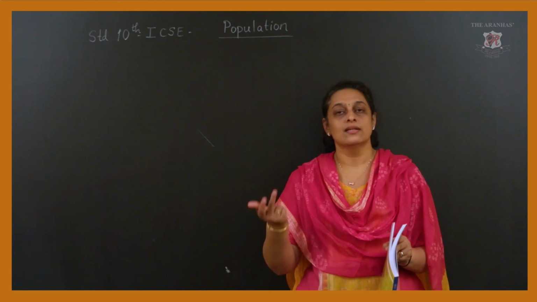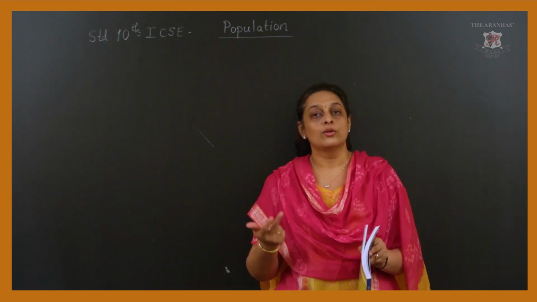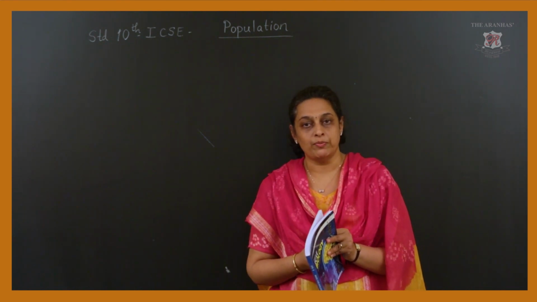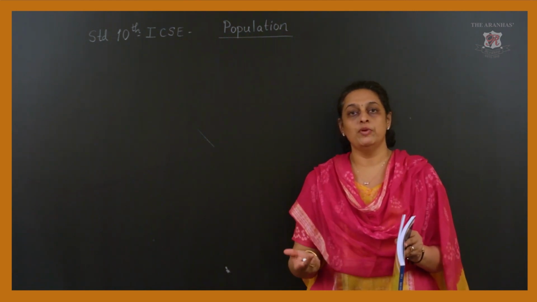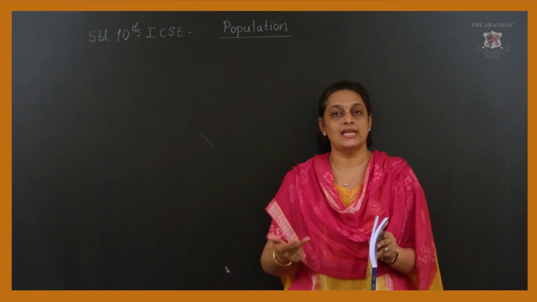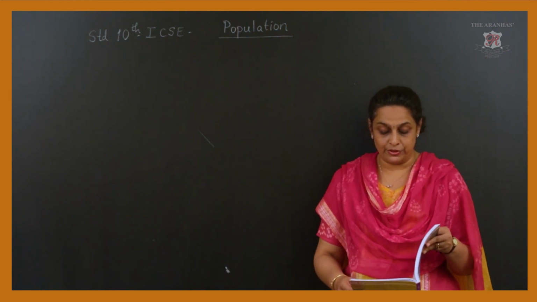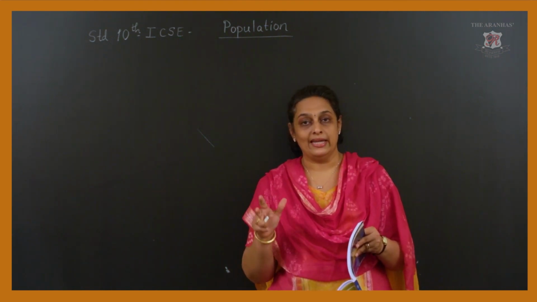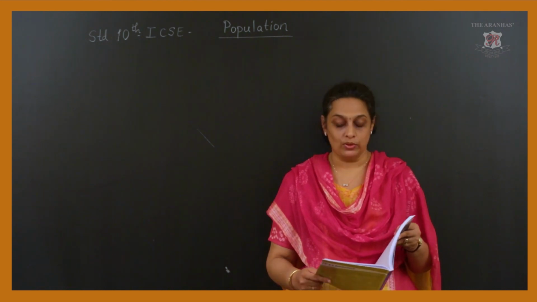That is what is called interbreeding. In interbreeding, the two individuals taking part in reproduction are of the same type, or to be more specific, of the same species. Such a group of individuals located in one particular area is called a population.